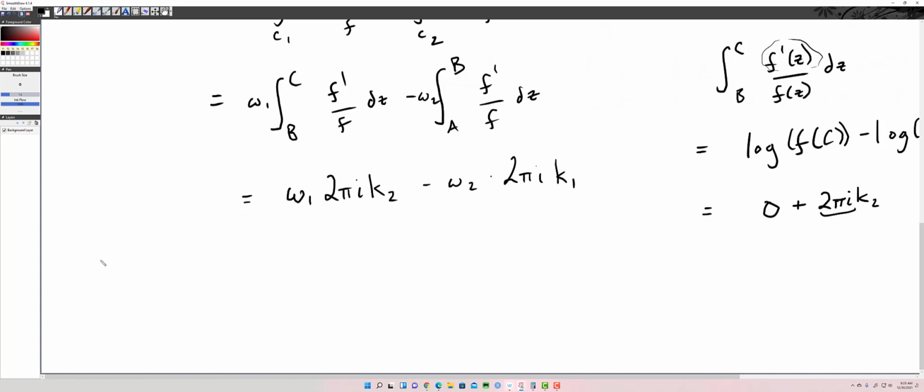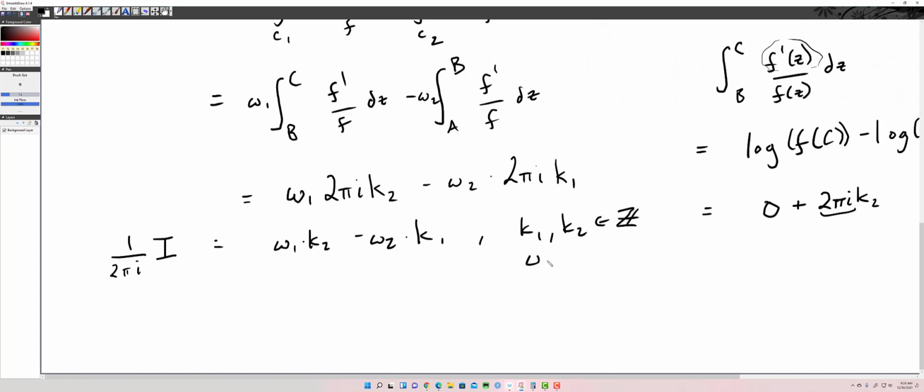So the actual value is going to be 1 over 2 pi i times the integral we just did, which is omega 1 times k2 minus omega 2 times k1, where k1 and k2 are integers, and omega 1 and omega 2 are in the lattice.